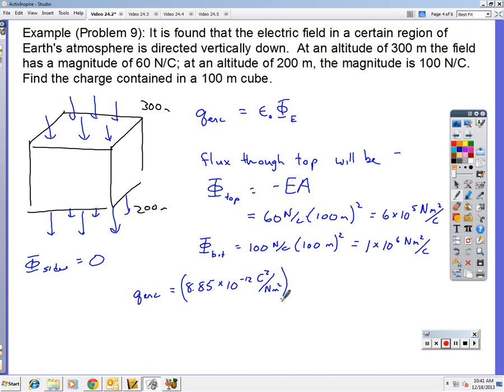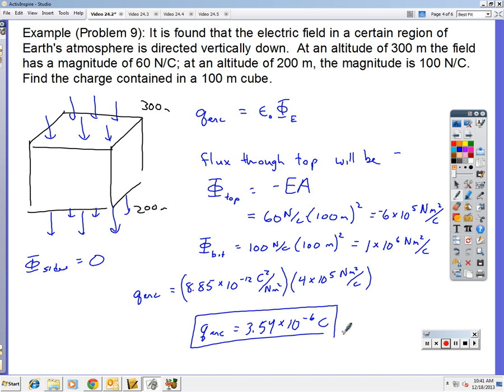The total flux is 1,000,000 plus negative 600,000, and so the total flux is 4 times 10 to the 5th Newton meters squared per coulomb, and that works out to be, the enclosed charge is 3.54 times 10 to the minus 6 coulombs, or 3.5 microcoulombs inside that box. Not too bad.